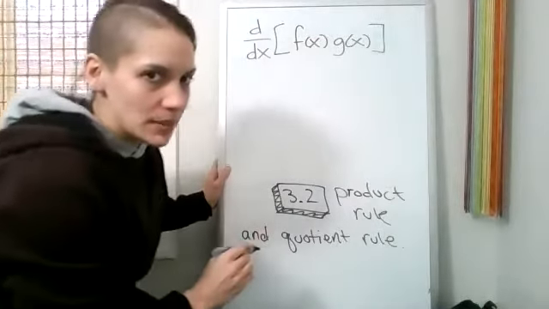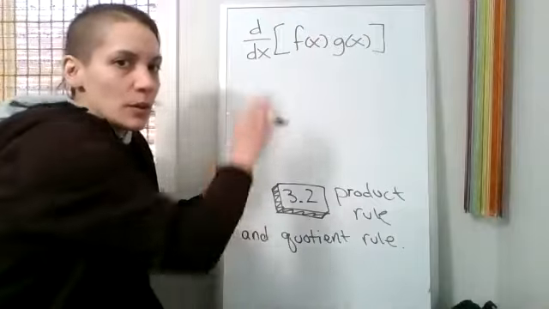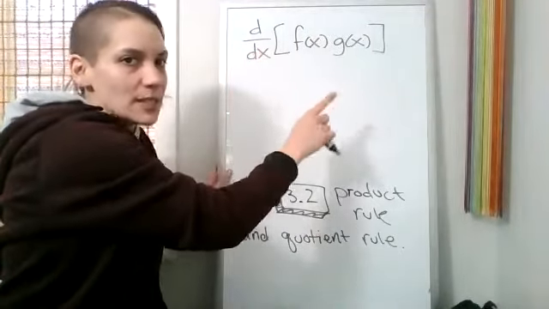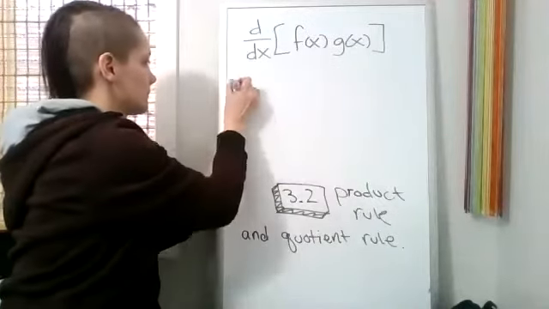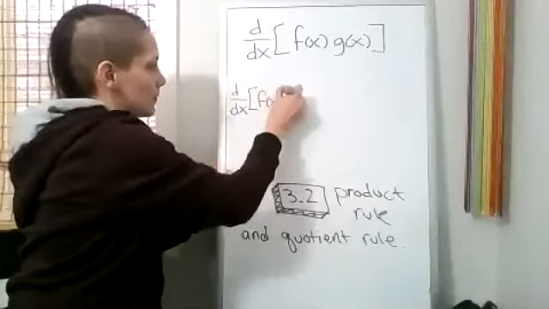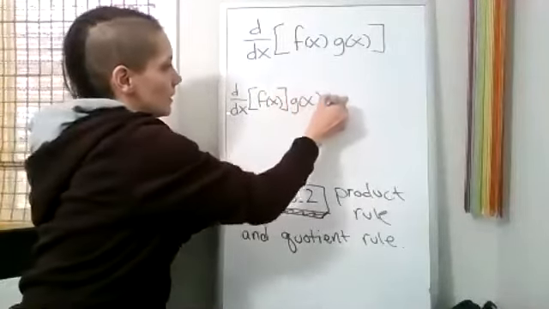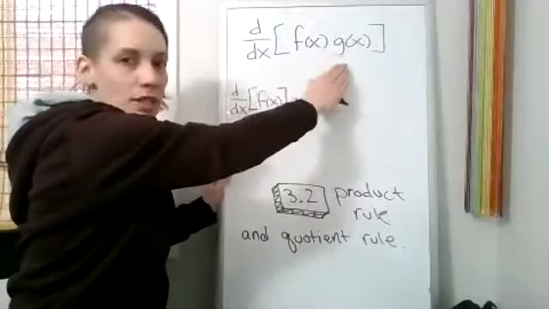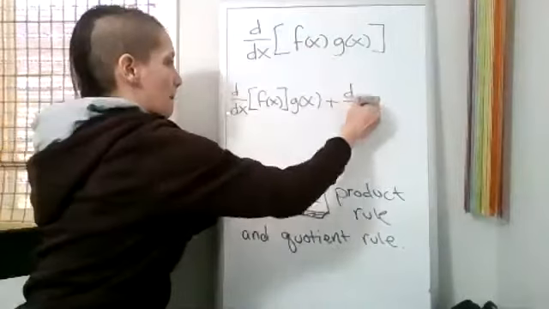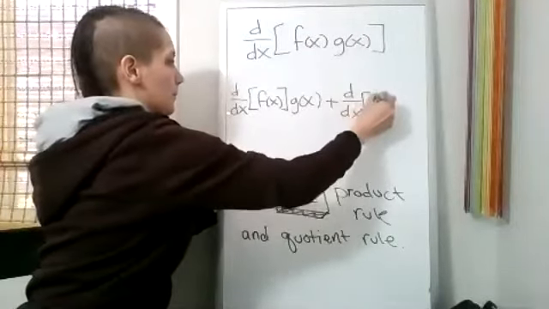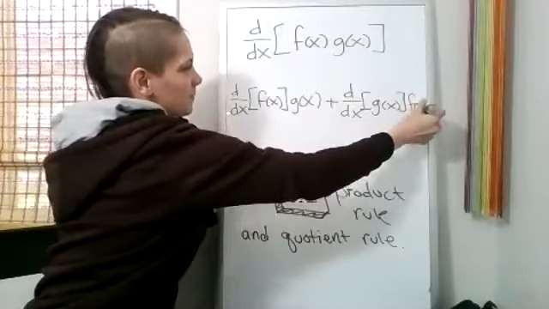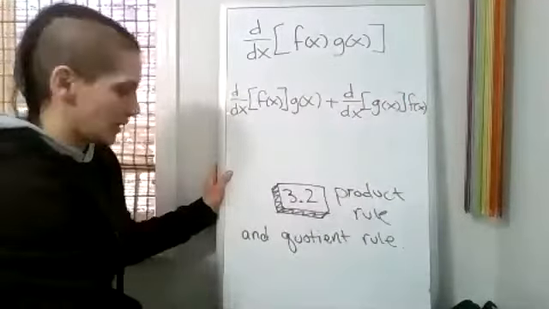So just repeating the same thing in different notations. We'll have d dx of f of x times g of x plus d dx of g of x times f of x. Try this one more time.